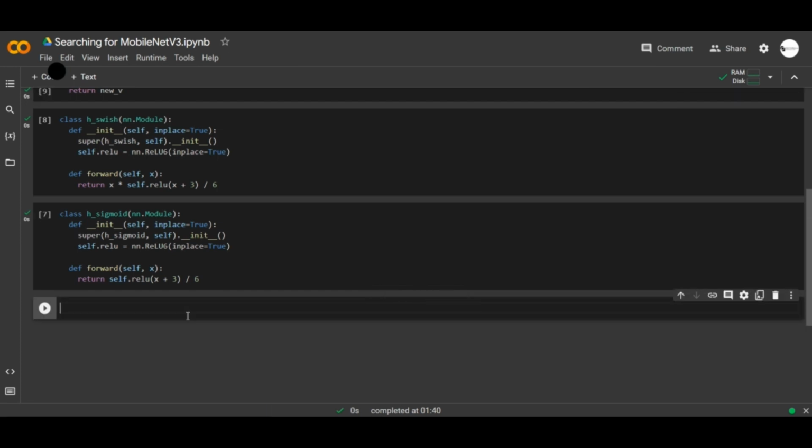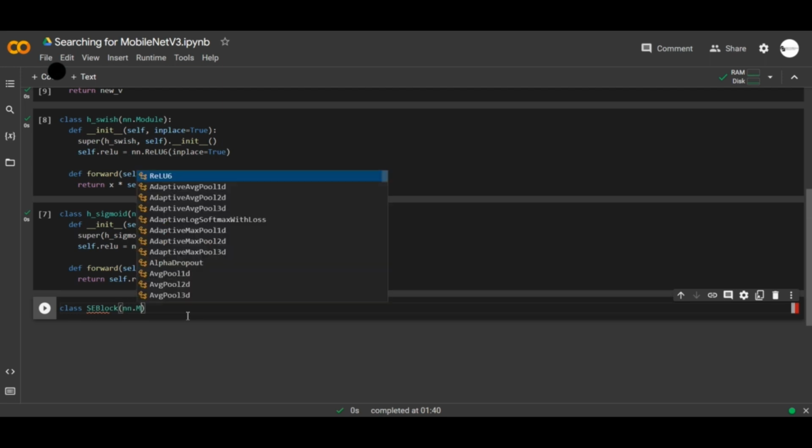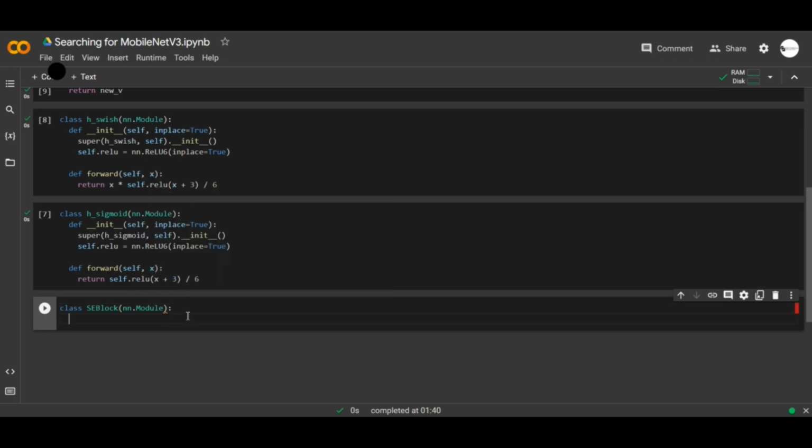Okay, so we're going to have a class which we're going to call SE, which stands for squeeze and excite. We're going to call it block. They call it block for the most part. Some people call it layer, but it's the same thing. Then it's going to be init.